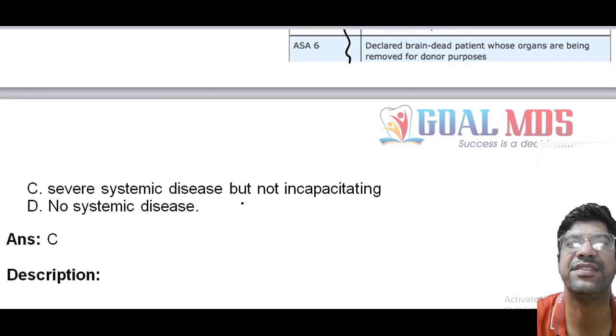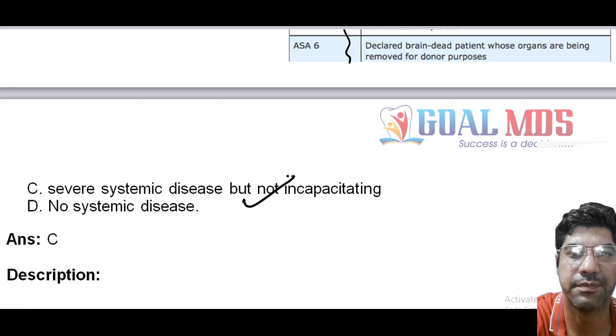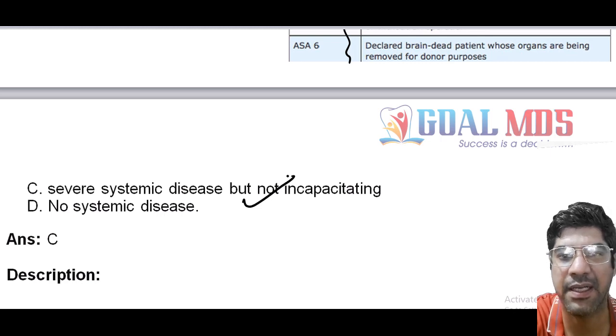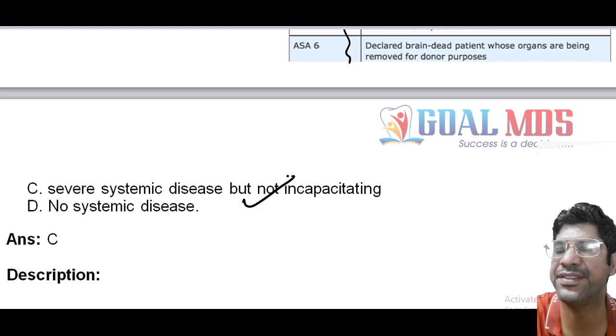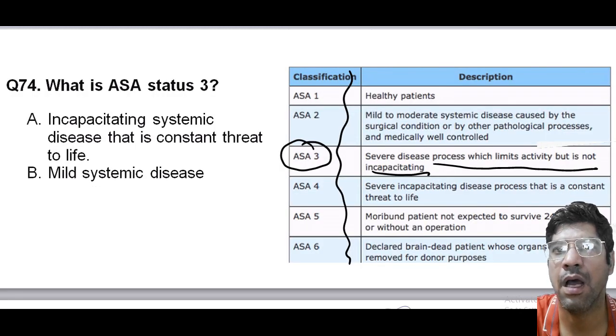So answer is C. These patients will have systemic illness that significantly affects their daily life and health but is not immediately life threatening. So answer is C. Remember this classification.